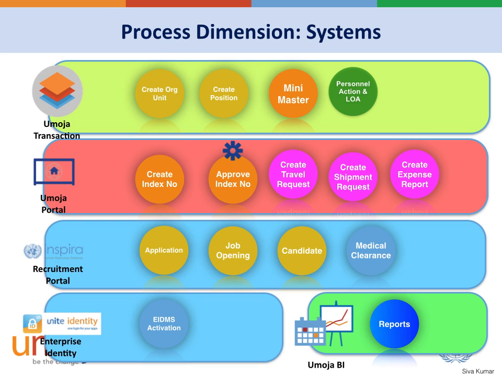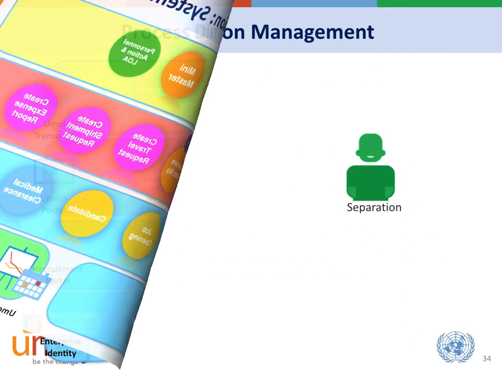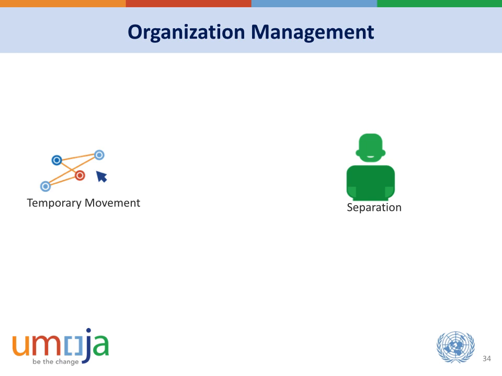So you have Umoja transaction, Umoja portal, and then in the UN ecosystem you are going to see Inspira, which is our recruitment portal, and also Unite Identity, which is our enterprise identity, where all your sign-in credentials and sign-in authorizations happen. And as usual, you have Umoja BI, which will be the provider of all the reports across the systems. With that, I take you to the next topic, organizational management.